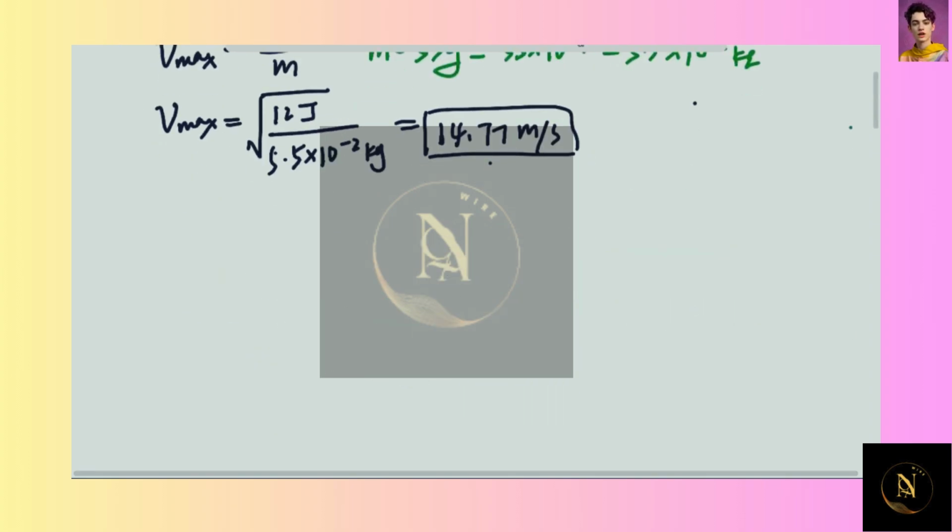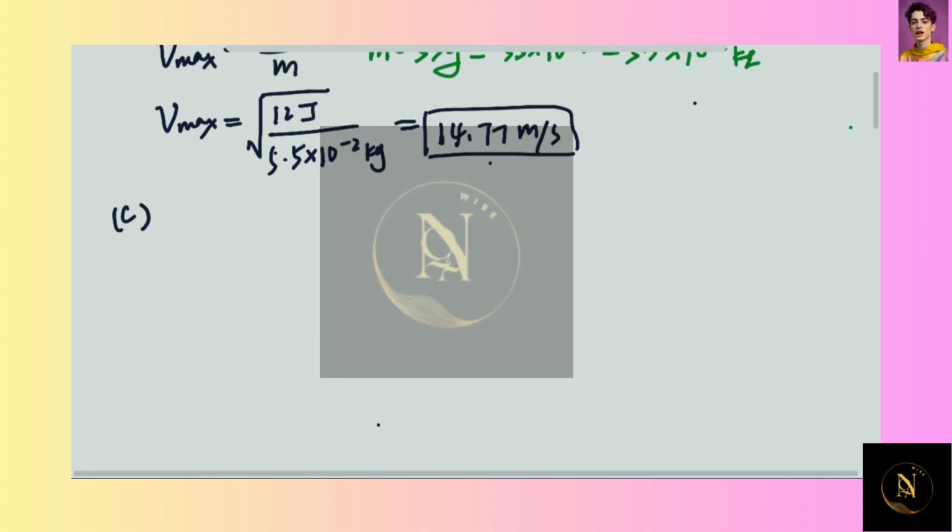Now we can take a look at part C, which pretty much asks us to combine part A and part B, to find the speed when the position x is positive A over 2.